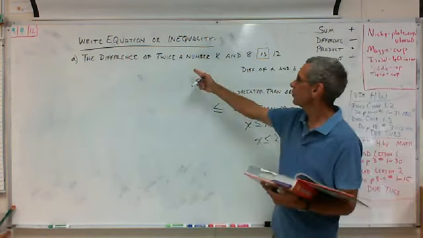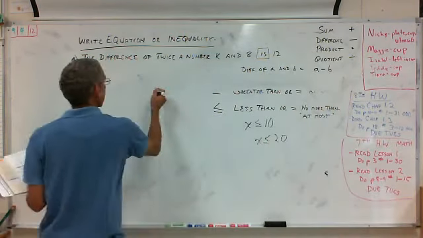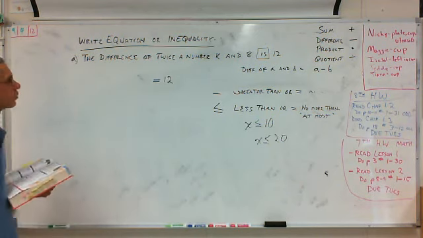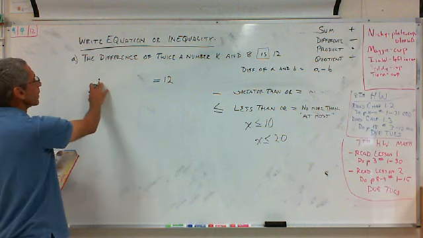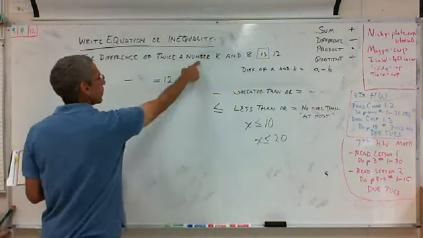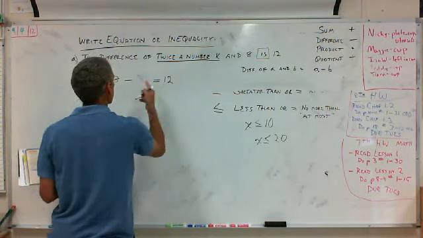So we know it's going to be an equal sign. It says is 12, so equals 12. The difference, I know there's going to be a minus sign, of twice a number, that's got to be over here, because you put the first thing first.